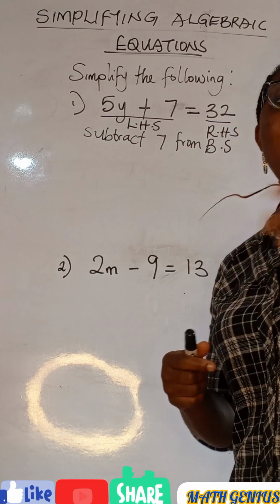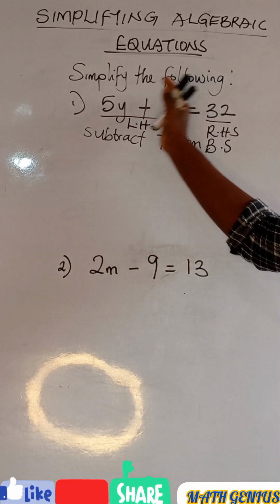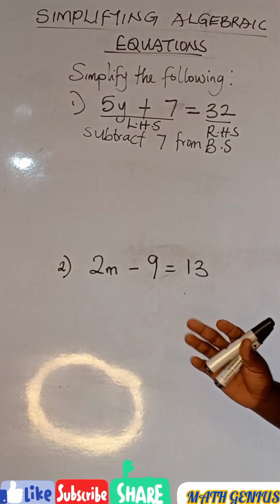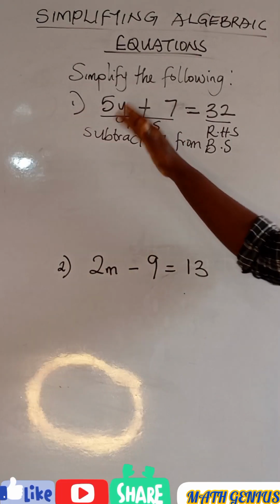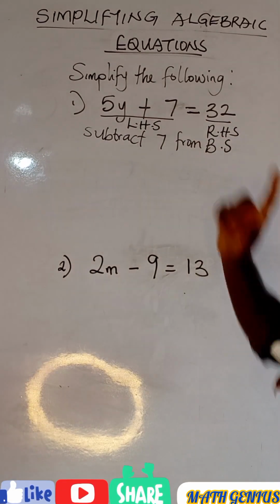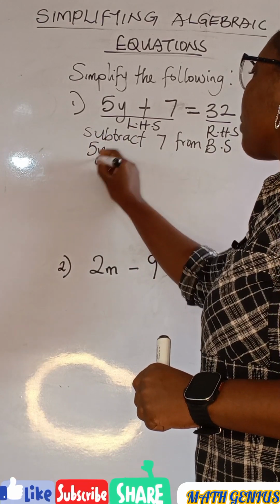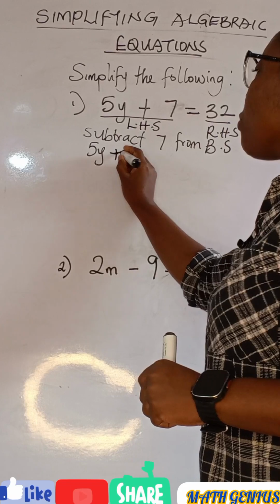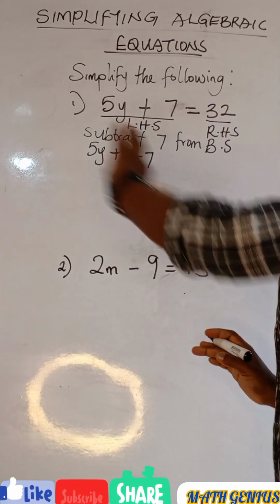Remember, we are in the act of elimination. We have to eliminate 7, we eliminate 5, and make y alone. And meanwhile, whatever you are doing to the left-hand side, you must do it to the right-hand side. Take note. So we go over, the left-hand side is 5y plus 7. Remember, we said we are subtracting, so you put minus 7. Left-hand side settled.